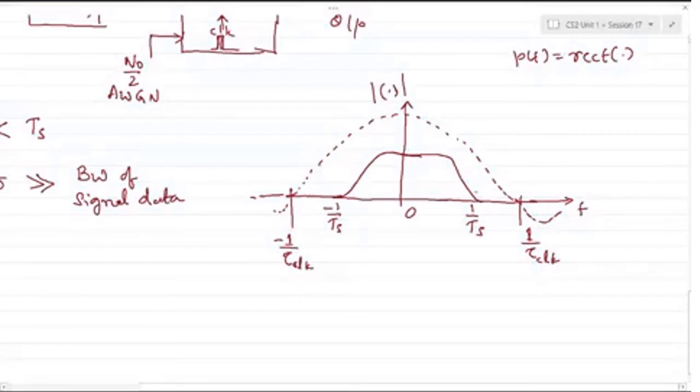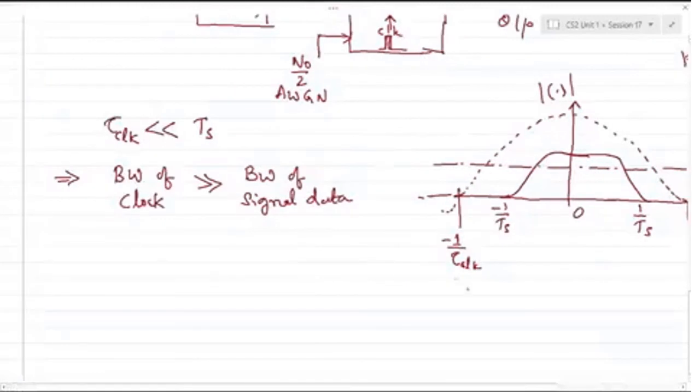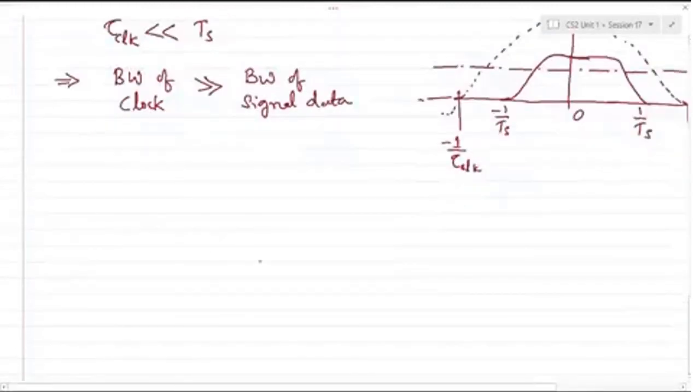But the problem with this kind of receiver is that there is also some additive white Gaussian noise whose power spectral density is N0 by 2. It not only passes the desired signal, but also passes a huge amount of noise along with it, which would corrupt our detection and estimation algorithms.